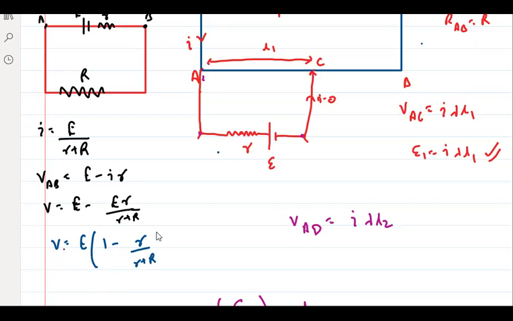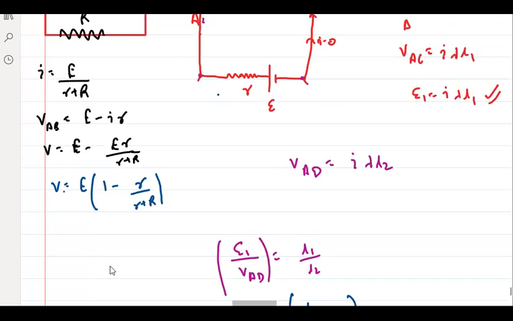Right? So if you rearrange this and find the value of small r, small r will become capital R bracket E by V minus 1. अब समझ में आया? This is a general equation. ठीक है? अभिराम, सानिया, सबको समझ में आया ये? Yes or no?